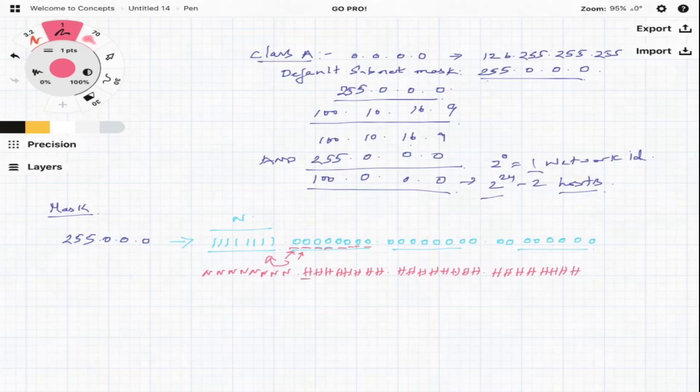So this is the host bit. Now we move it into the network bit. Now this will become a network bit, and the remaining are all host bits.